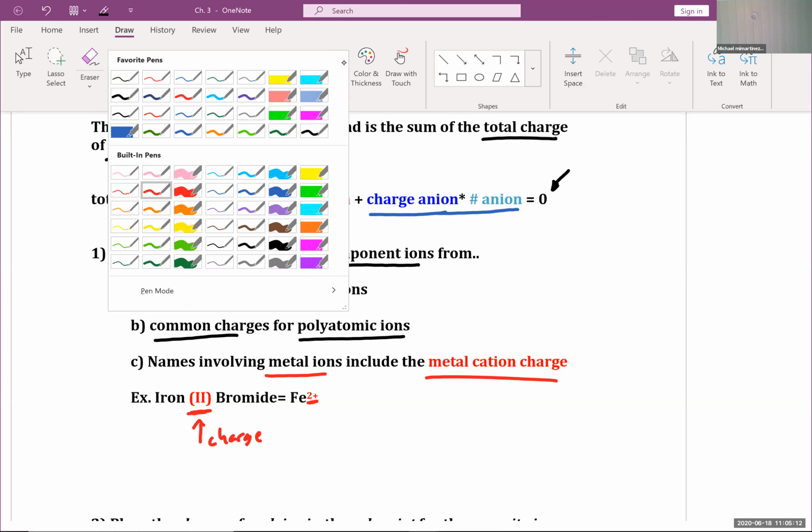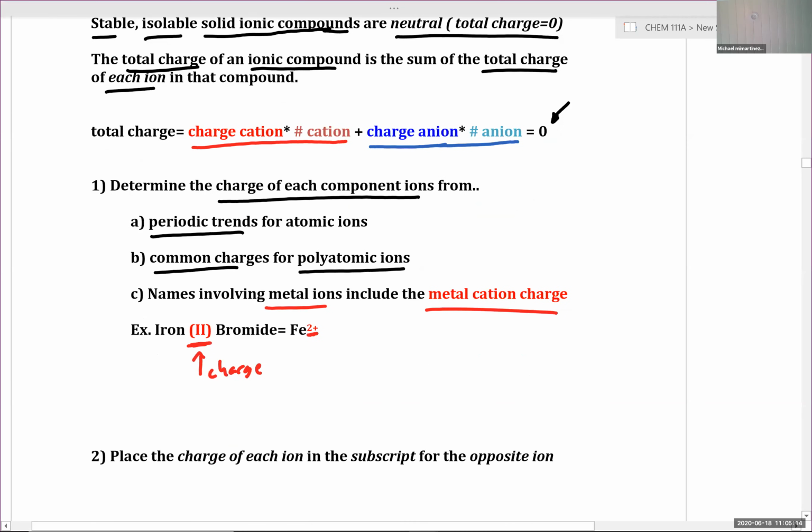Let's suppose we have a compound that contains sodium and oxygen. What would we predict for the preferred charge of sodium, which is a 1A element? +1, yep.